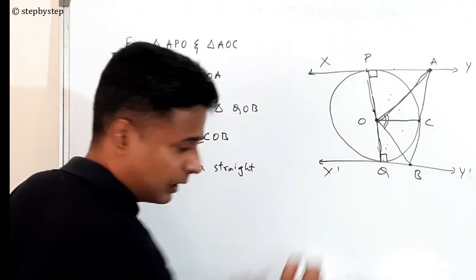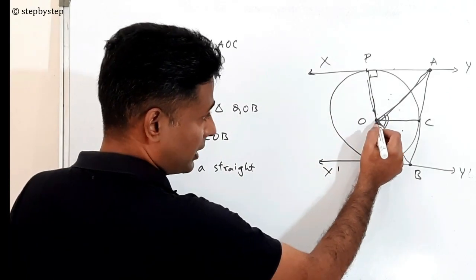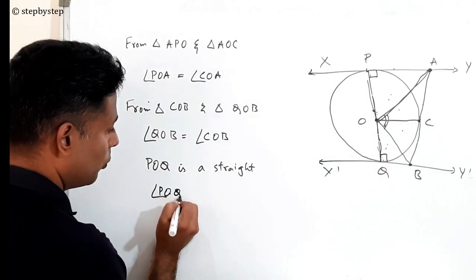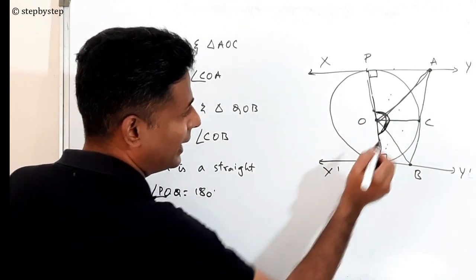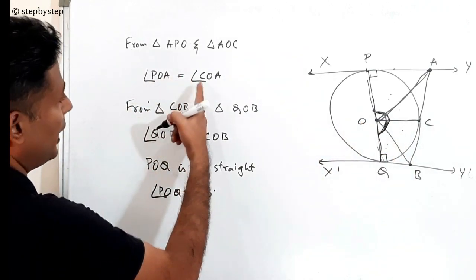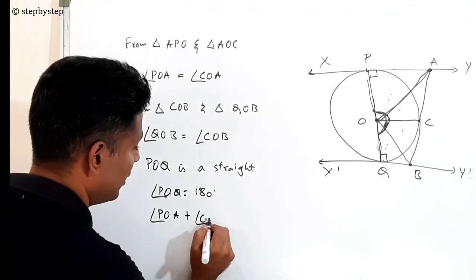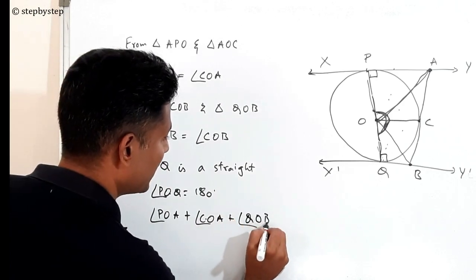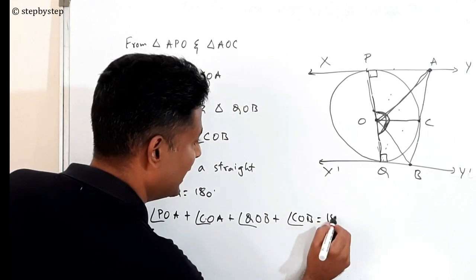Basically, this is the diameter. So that is how we get these two 90 degrees. Since this is the diameter, angle POQ will be equal to 180 degrees, right? This entire angle is 180 degrees, which means angle POA plus angle COA plus angle QOB plus angle COB will be equal to 180 degrees.